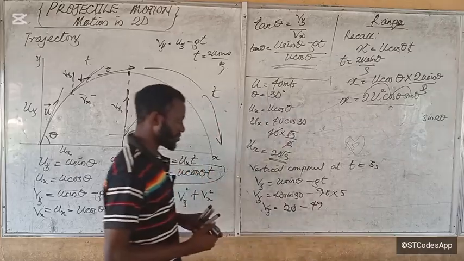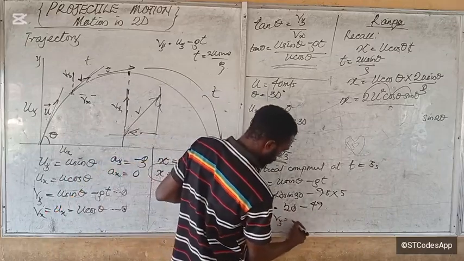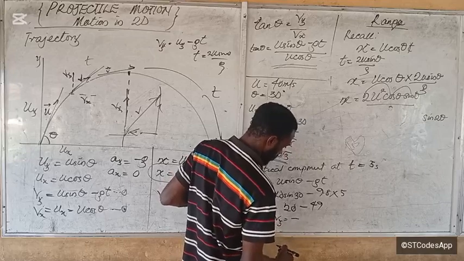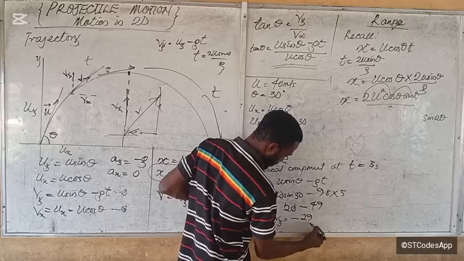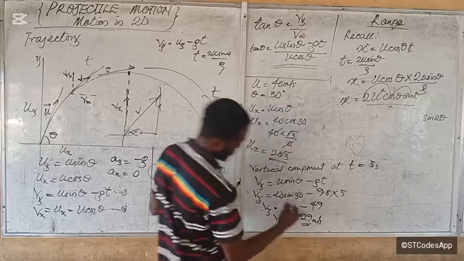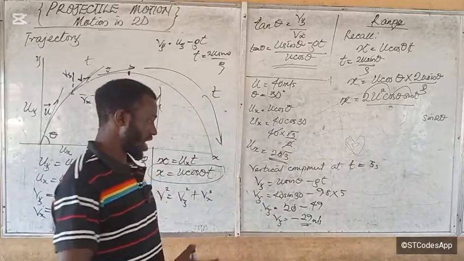Yes, that's 49. So by the time you do this, our v sub y is going to be minus 29 meters per second.